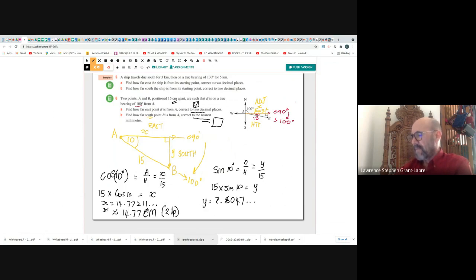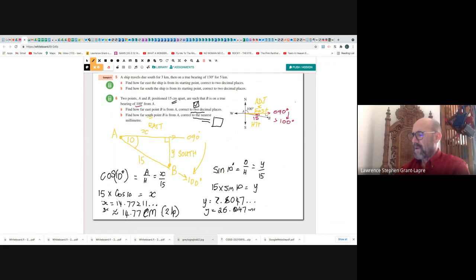So I'm just going to change this to millimeters now, multiplied by 10. 26.047. And that's millimeters.